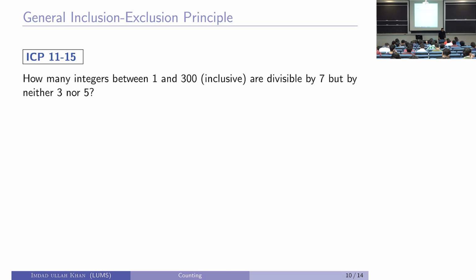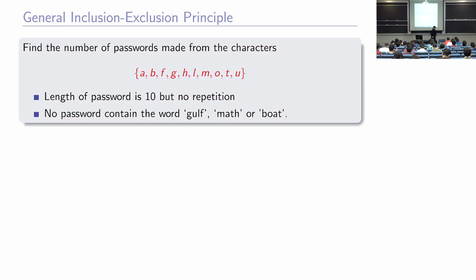I want to give you one quick application, a very good application that's going to come afterward. I have these 10 letters available. I'm going to make passwords of length 10 from these 10 letters. I just have to reorder these characters to make a password.